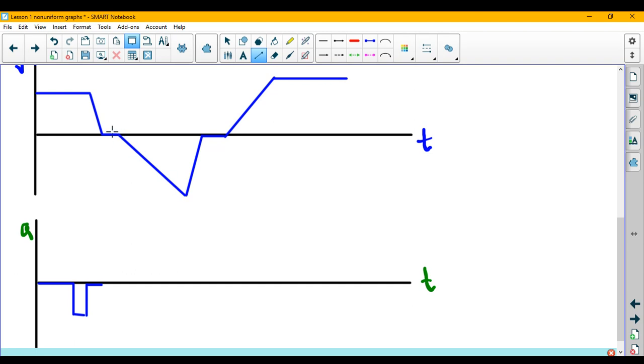Then I'm going to go towards and speed up. You'll notice this is a downwards negative slope. So again, I've got a negative acceleration because it's downwards and it's negative. Now here I've got a positive slope, so a positive acceleration.